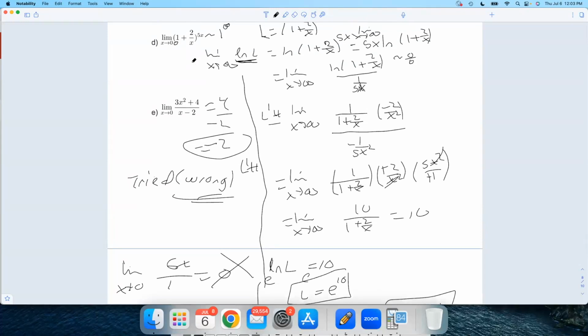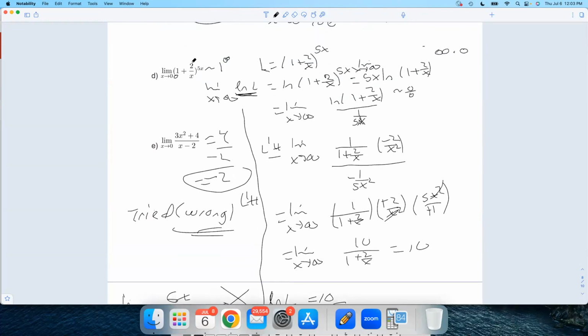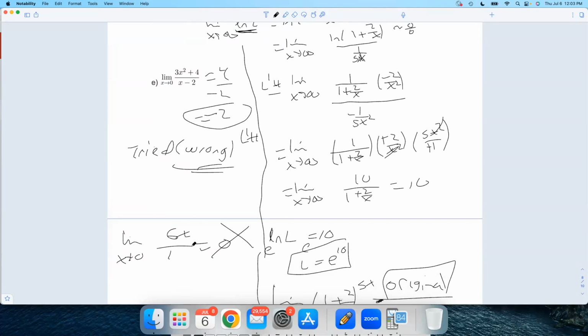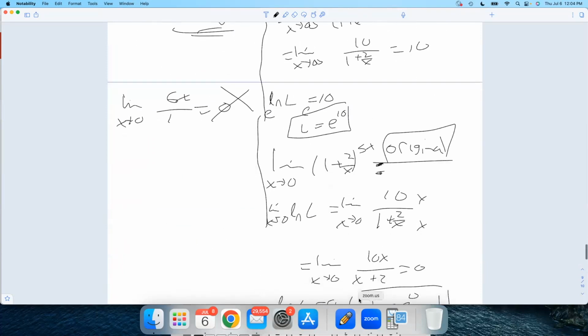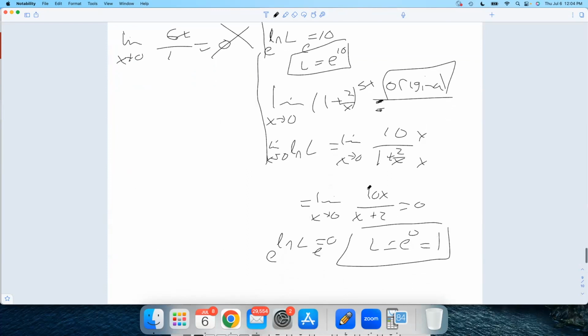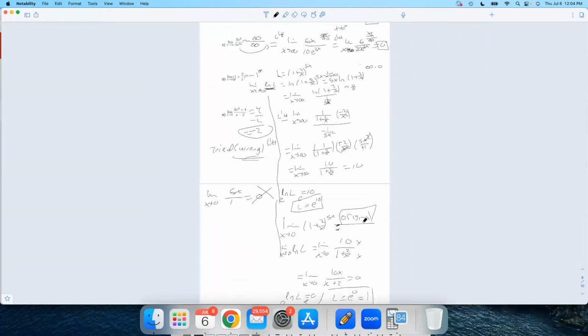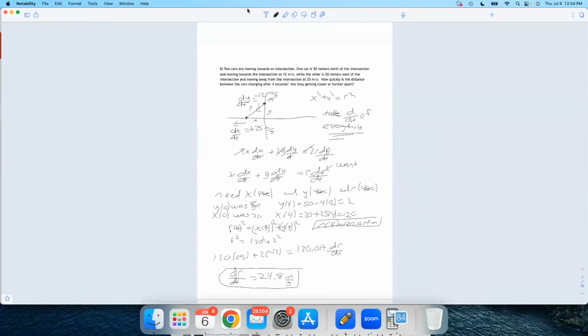If you get a number, you're done. If you get 0 over 0 or infinity over infinity, you use L'Hopital's. If you get 0 over a non-zero number, that's 0. That's what happened here. Say we get 0 over 2. That's 0. All right. That's a good place to stop.